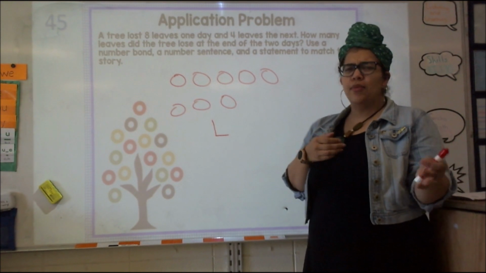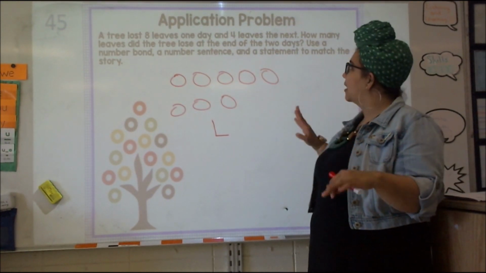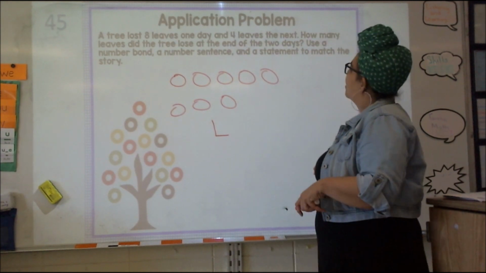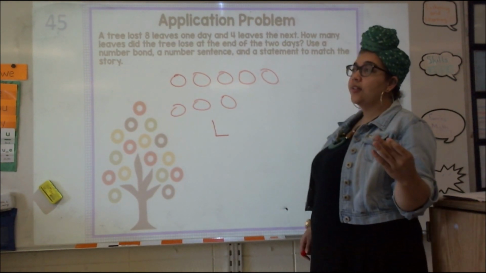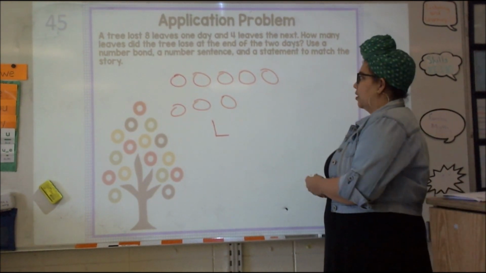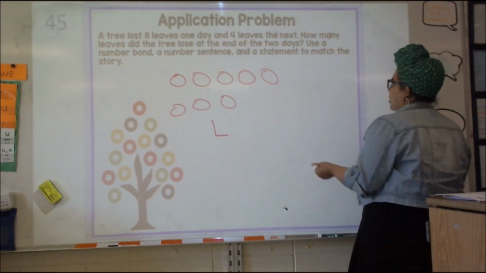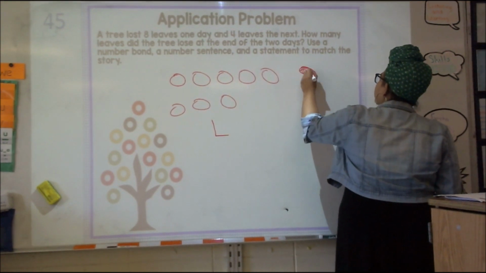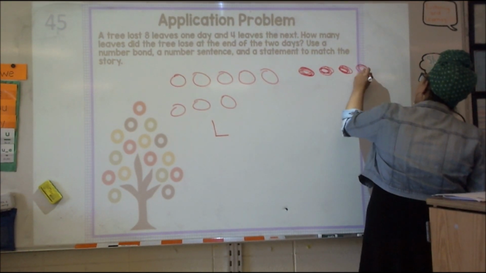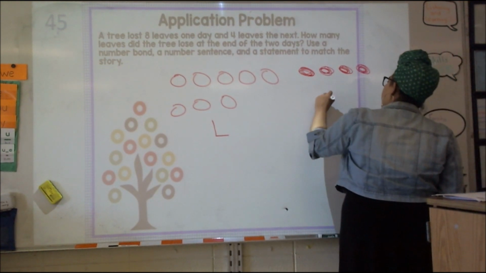I know it's leaves the next day too, but we're going to use the letter L. And then it tells us 4 leaves the next day. So let's draw the 4 leaves they lost the next day. 1, 2, 3, 4.